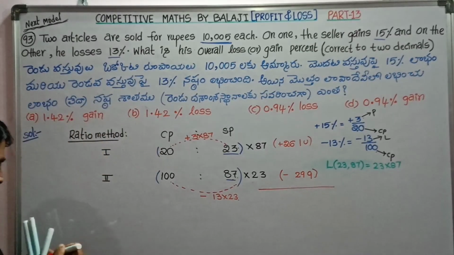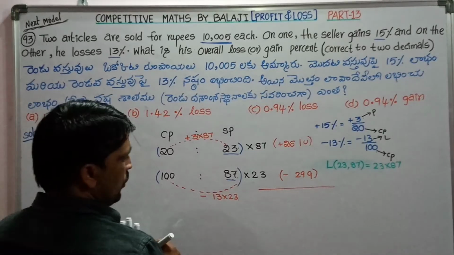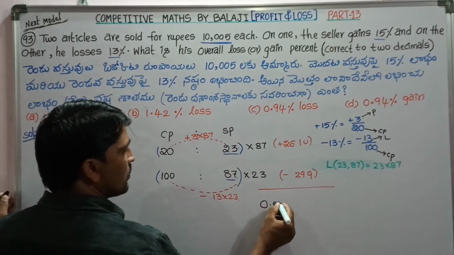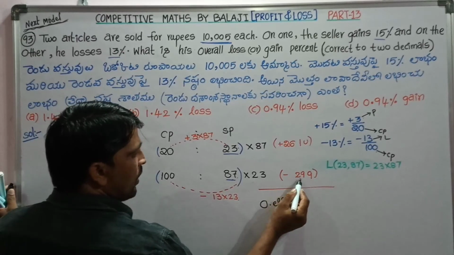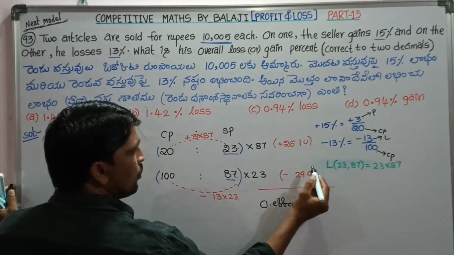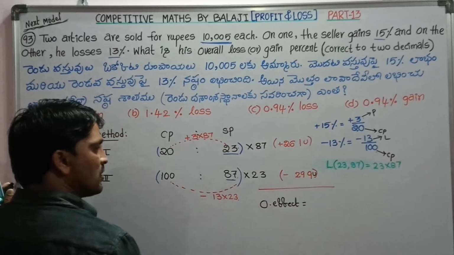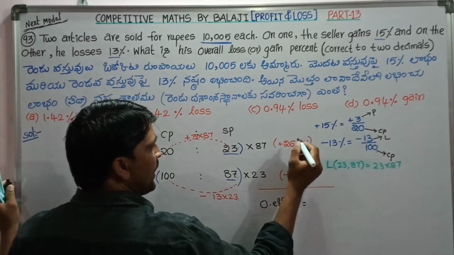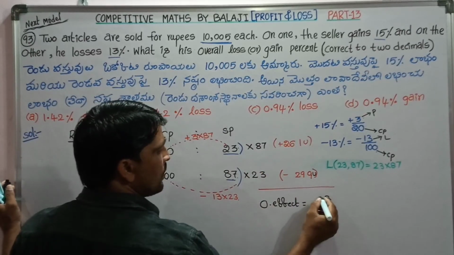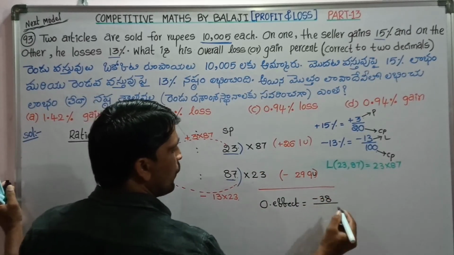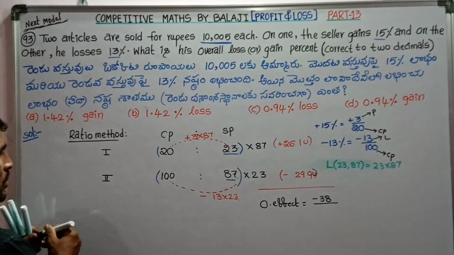So find out overall effect. Yes, overall effect is 299 is more than 261. So overall effect is loss. That is 38 units loss over total selling price.